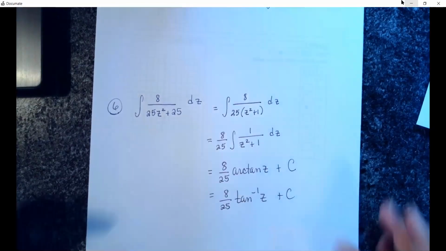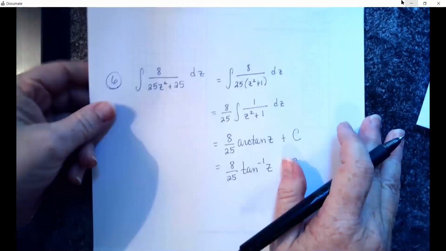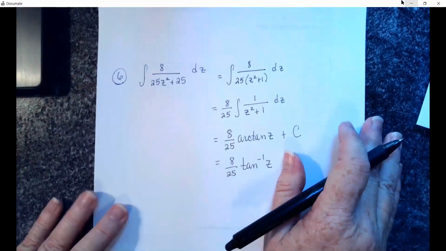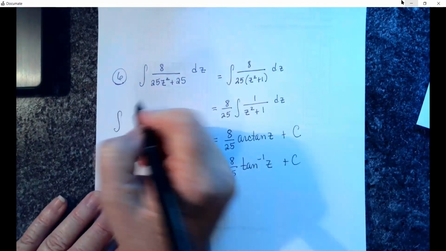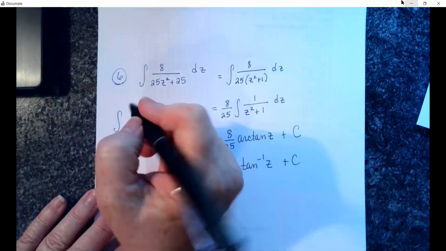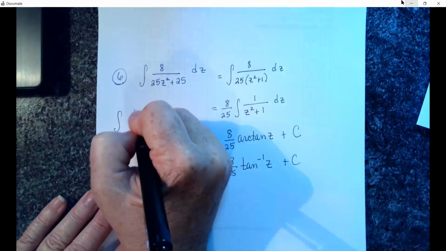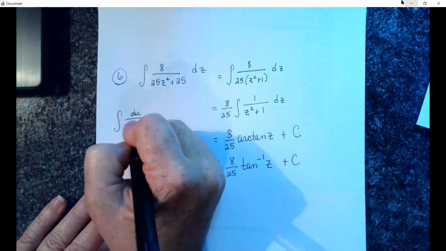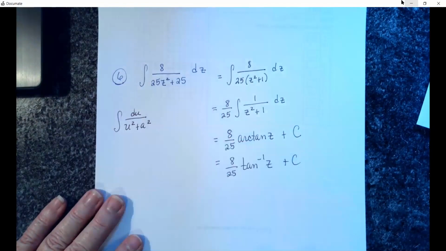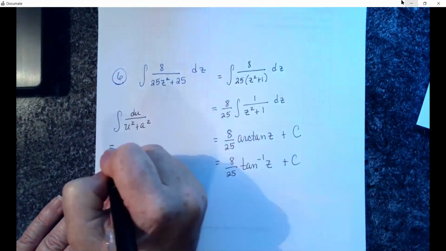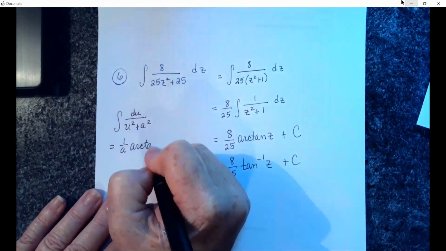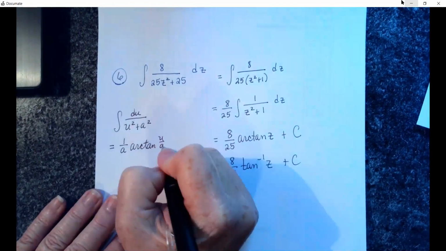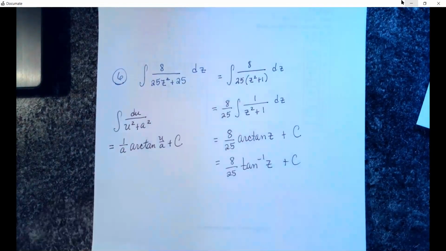Now, on your sheet, I believe I did the more generic version. So that you don't have to factor out the constants every single time, if you have something of the form du over u squared plus a squared, in general, that will be 1 over a times the arctan of u over a plus c. It comes down to a variable expression squared and a constant squared.